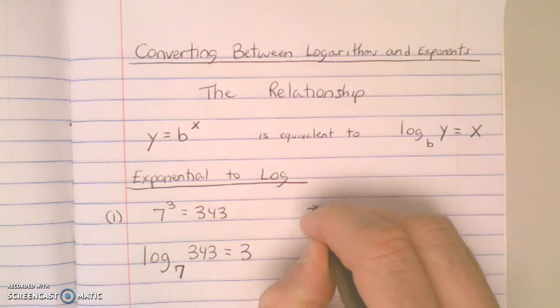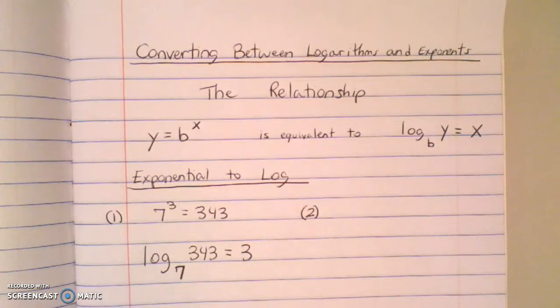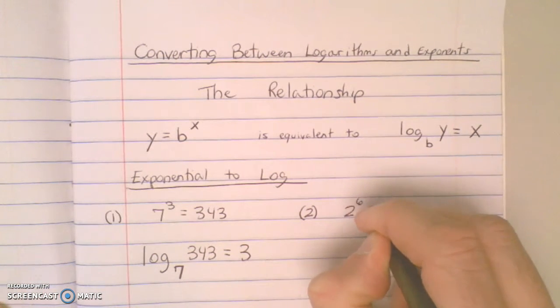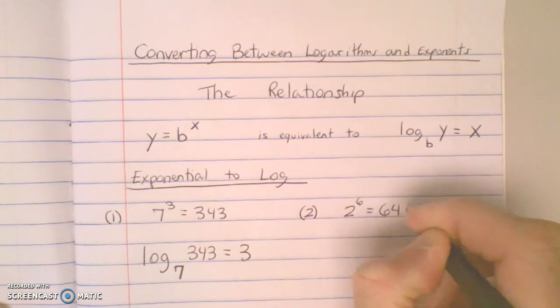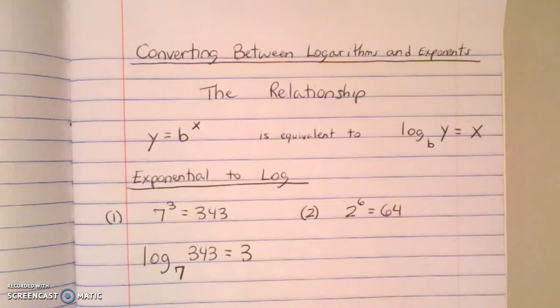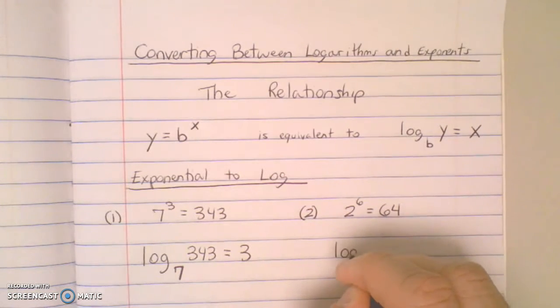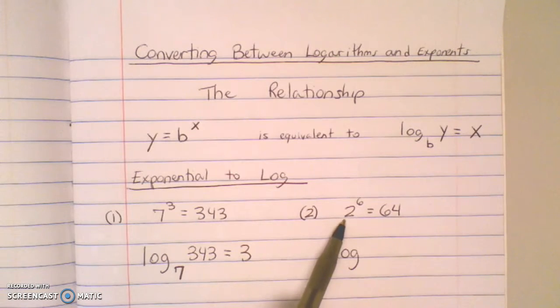So let's try a couple more examples. Let's say I gave you 2 to the 6th equals 64. And I ask you to write it in log form. So I start off with the same thing, log. And I write the base as a lower number.